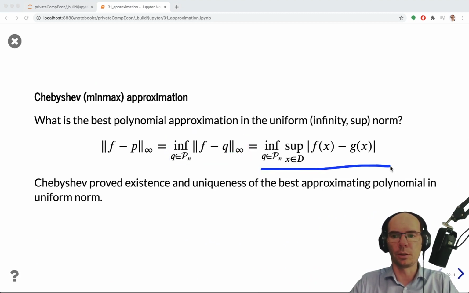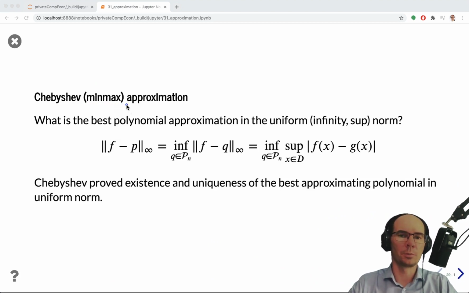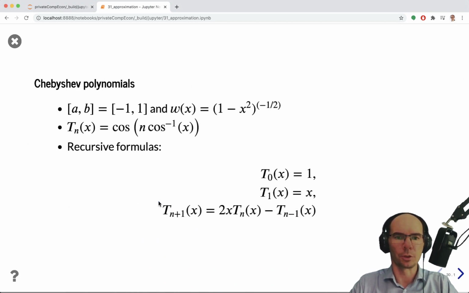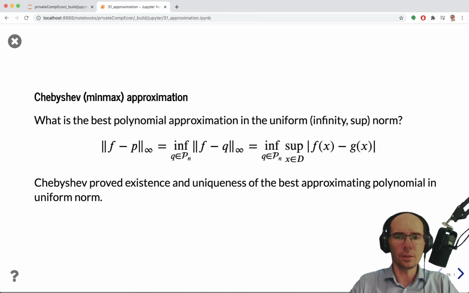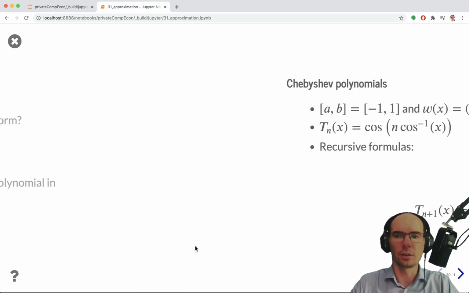It would be the inf-sup, or the min-max approximation. That's the name here. So it minimizes the maximum difference between the function of interest and the approximating function. Well, this problem was actually solved by Pafnuty Lvovich Chebyshev in Russia in the 19th century.